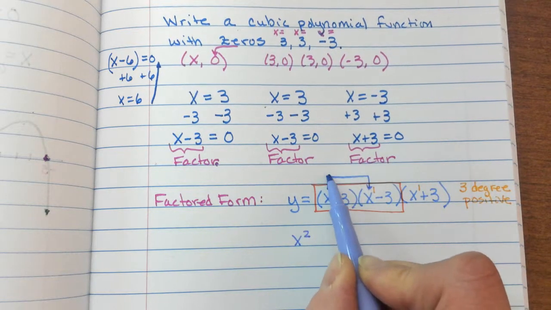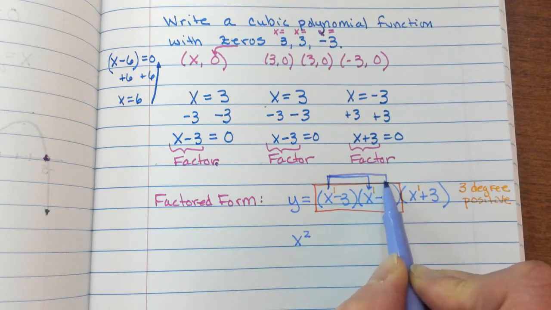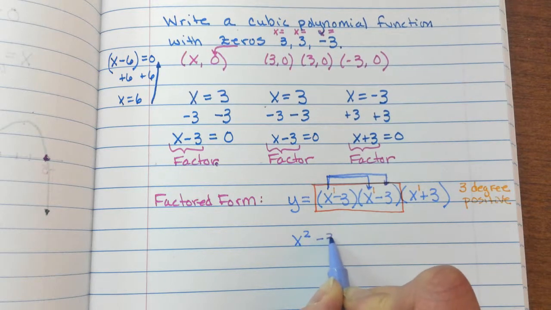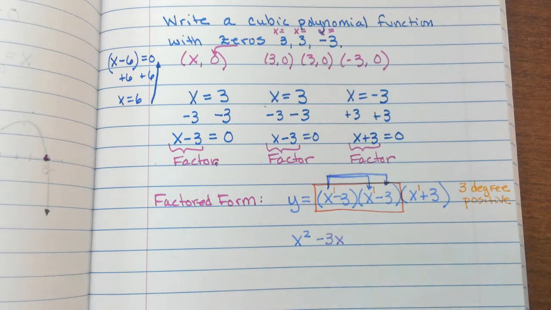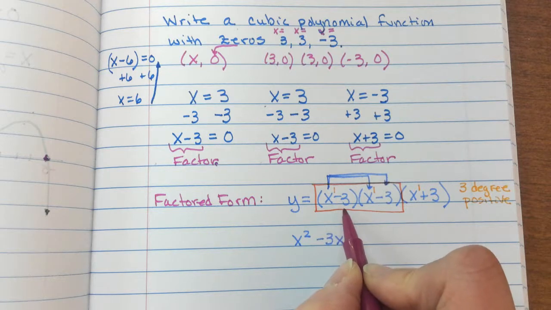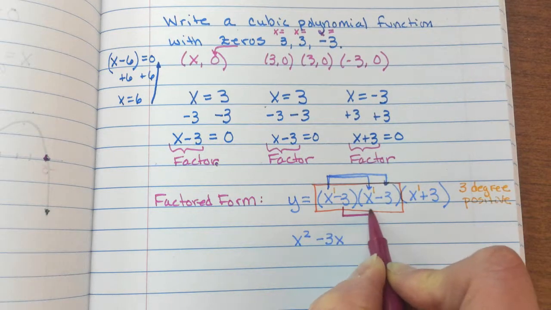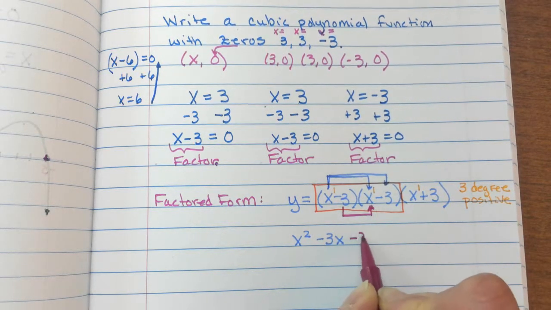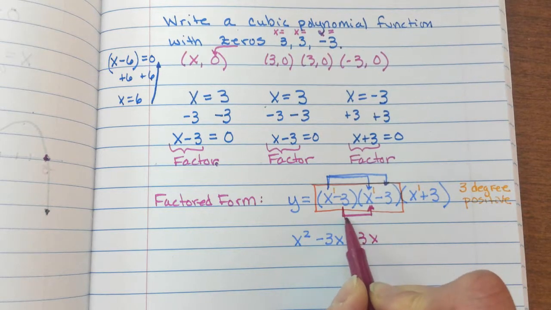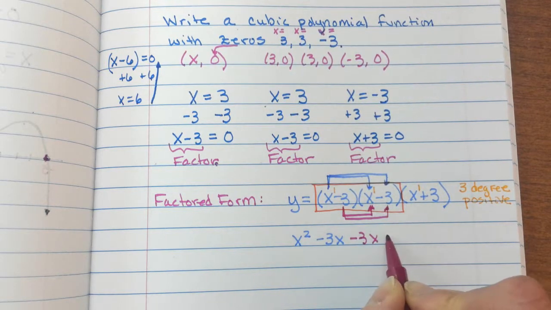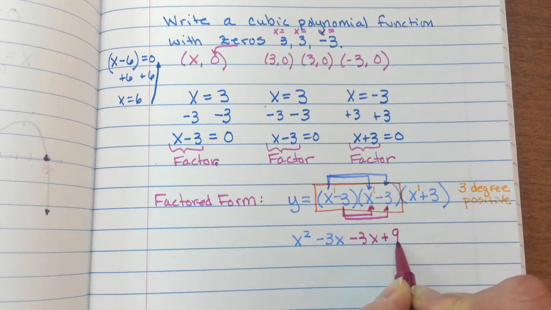Then x times negative 3, which gives me negative 3x. Then I'm going to distribute the negative 3 through. Negative 3 times x gives me negative 3x, and negative 3 times negative 3 gives me positive 9.